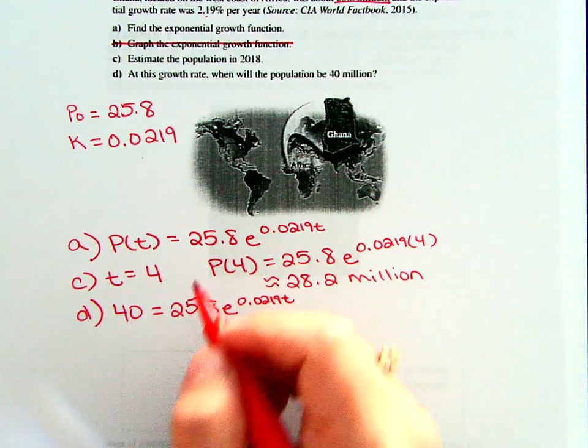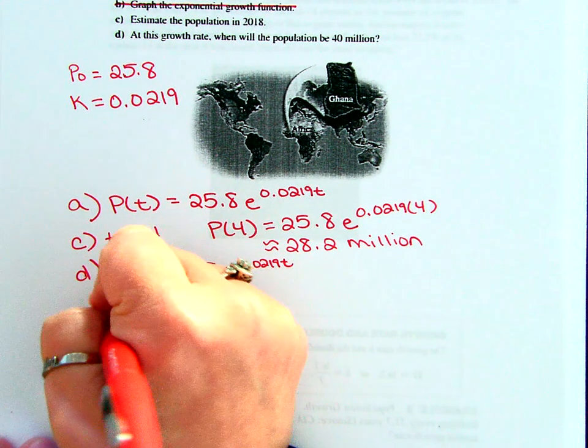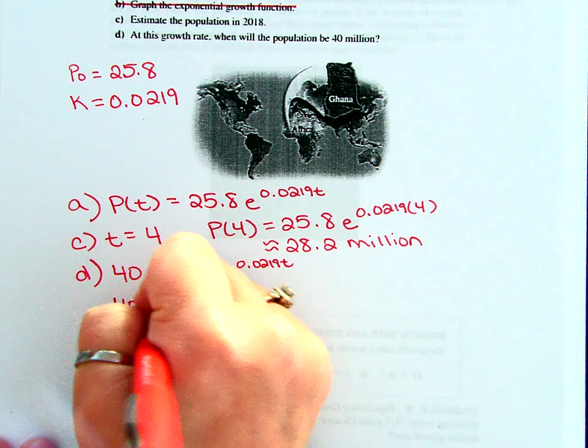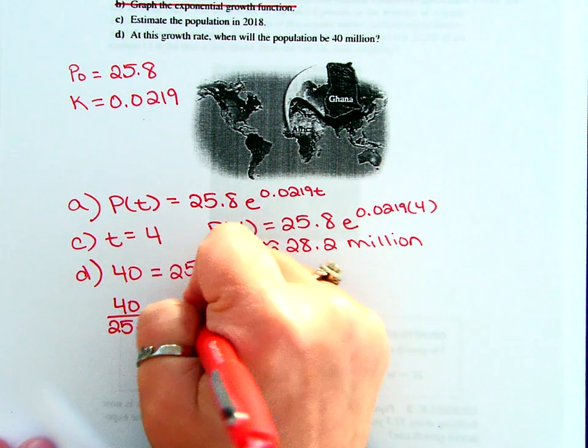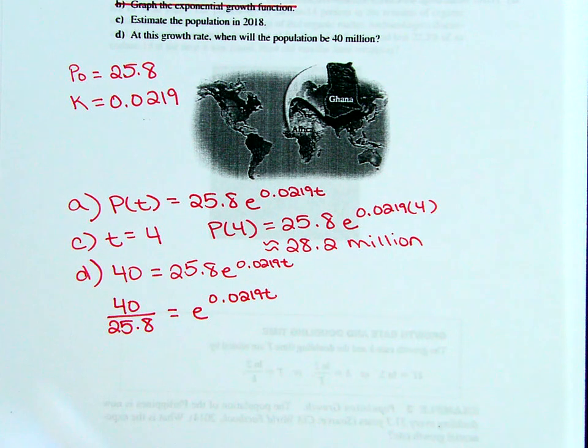Now, obviously, you're going to be dealing with decimals, so I recommend not using your calculator until the last step or till closer to the end, so that you're not writing out a whole bunch of decimals this entire time. So now we have a fraction equals our e to the 0.0219t.